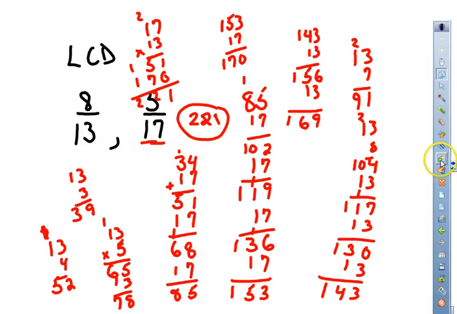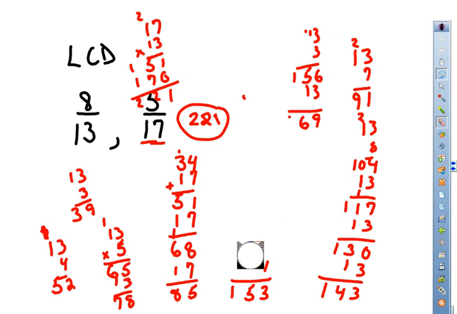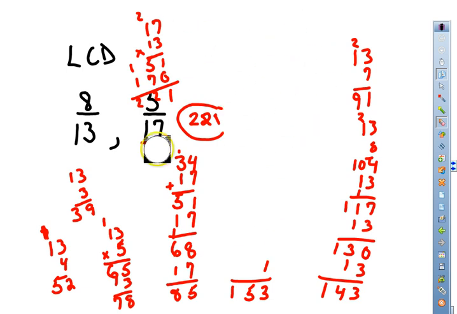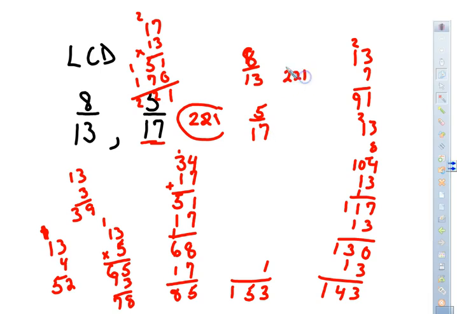And again, that's just finding the least common denominator. If you are trying to go through this, you would then take my 8/13ths and my 5/17ths and make them equal to 221, and you'd multiply by 13.